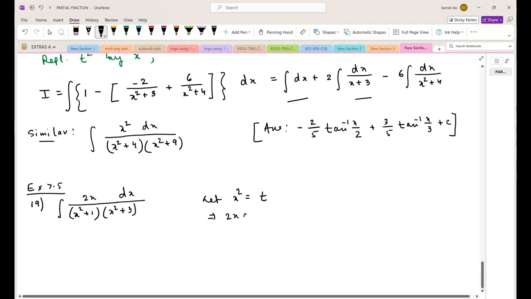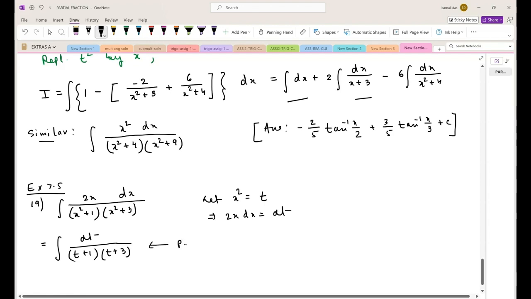So 2x dx equal to dt. So this becomes dt by t plus 1 into t plus 3.